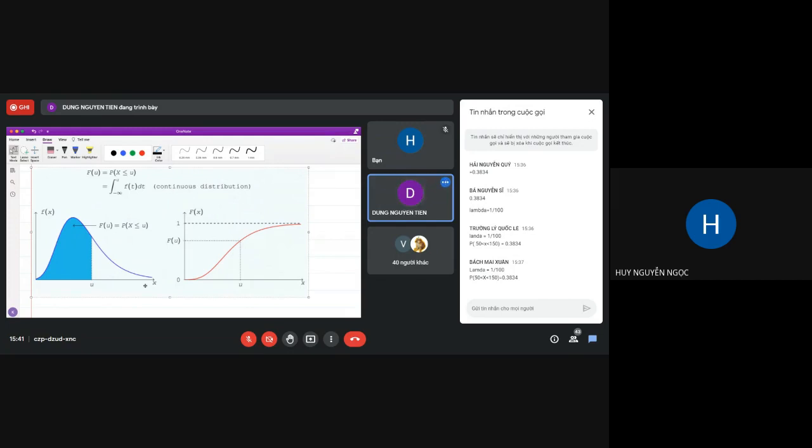That will be the integral from minus infinity to u, and it is the area of the blue region. You can draw the graph of the cumulative distribution function as the right curve here, and it gives you the value of the function F of u.